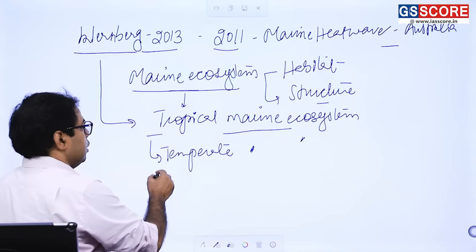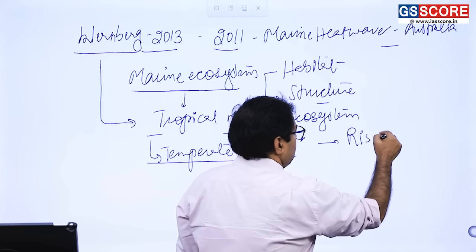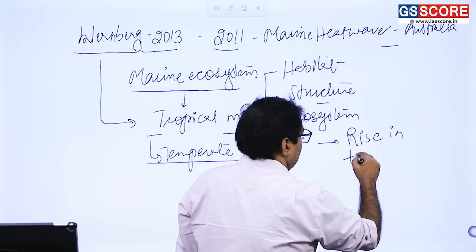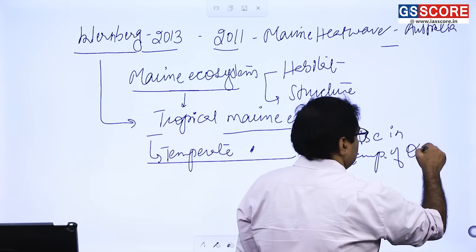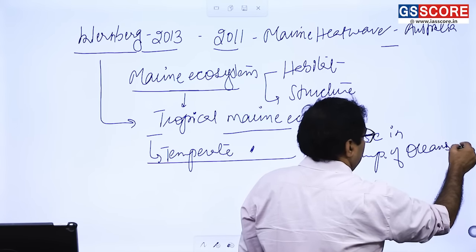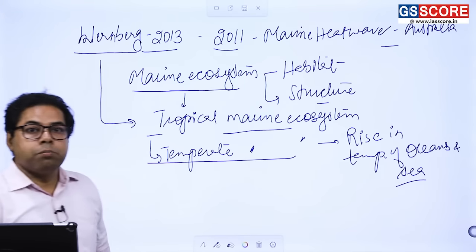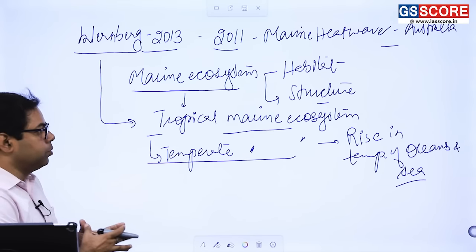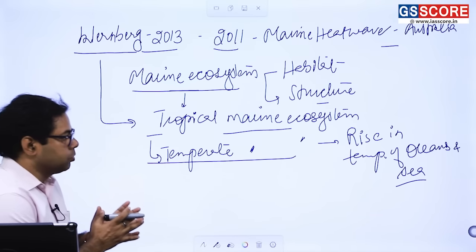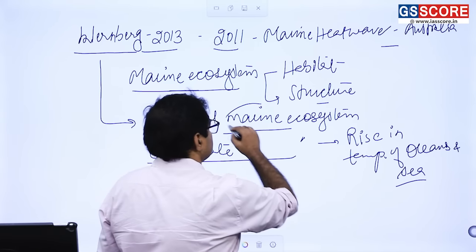The reason is the rise in temperature of oceans and seas under the effect of marine heat wave, so the temperature composition has changed the marine ecosystem.